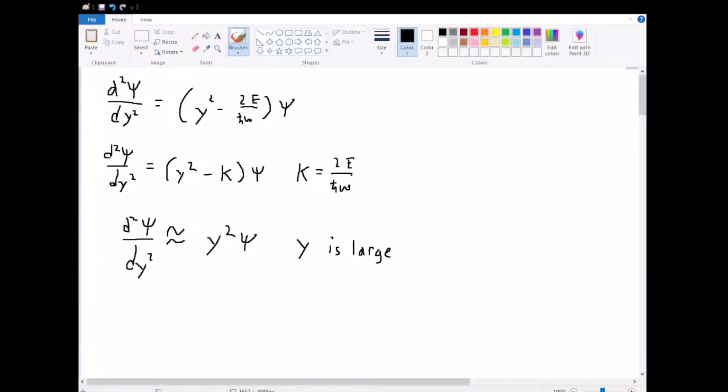This is just a common second order differential equation that we've encountered many times before. We can either rewrite this as a cosine and sine differential equation, or we can rewrite this as an exponential equation.